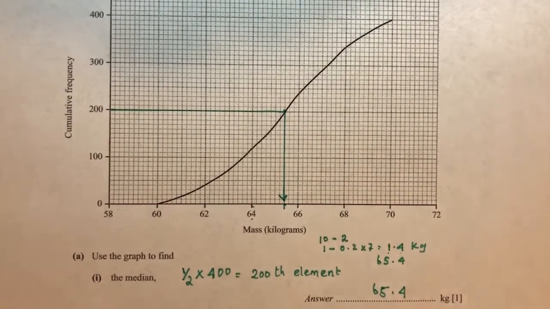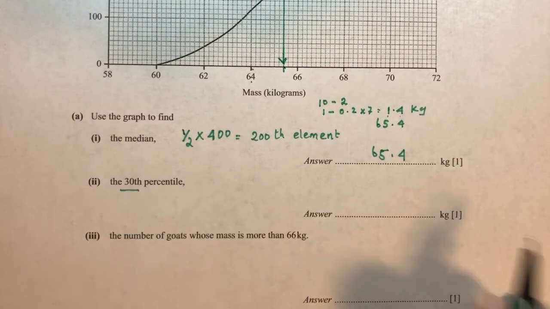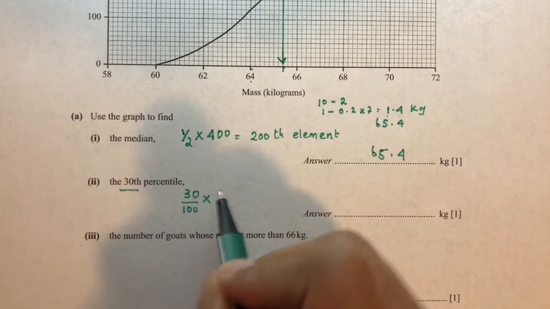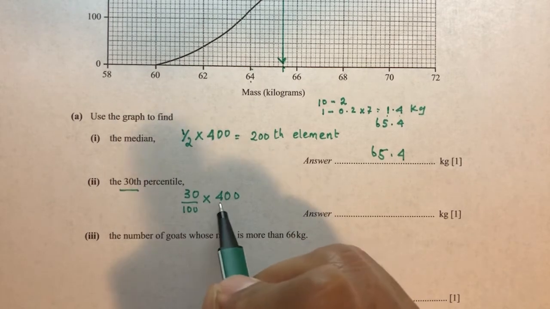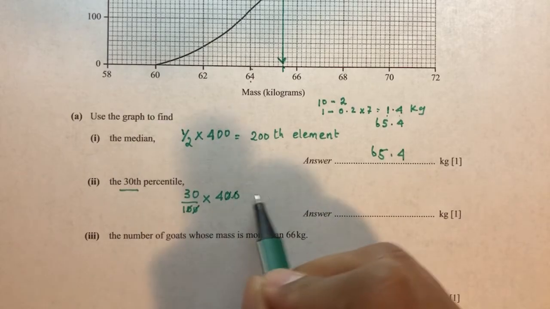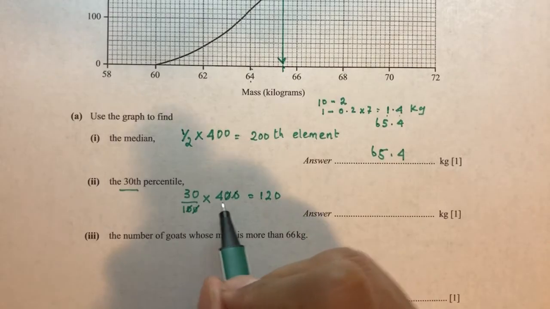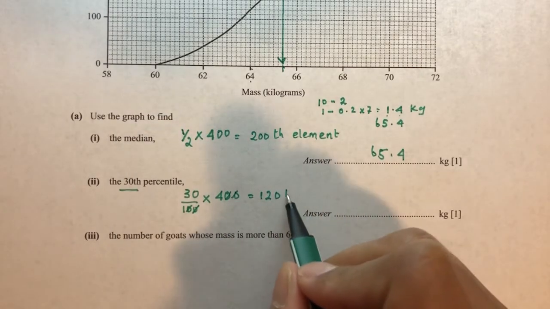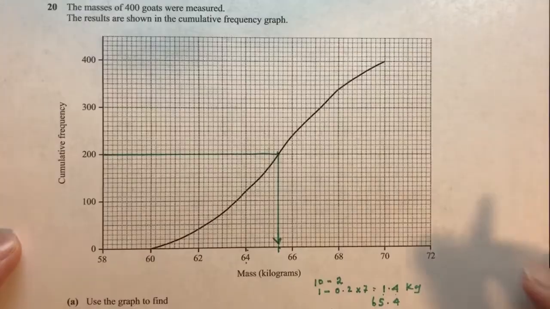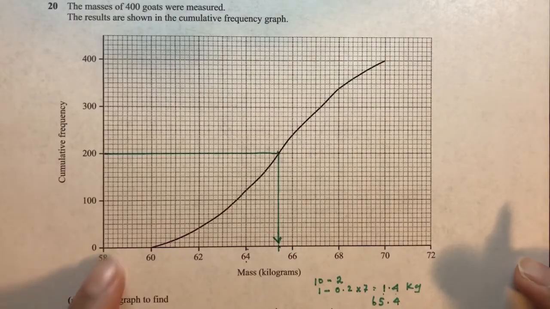Okay, so now moving on to the 30th percentile, which means we have to do 30 over 100 times 400, because we need to find the 30th percent. Here we go, that will be 120. 30 times 4 will be 120, the 120th element. So same steps, we have to go on this axis and find 120.